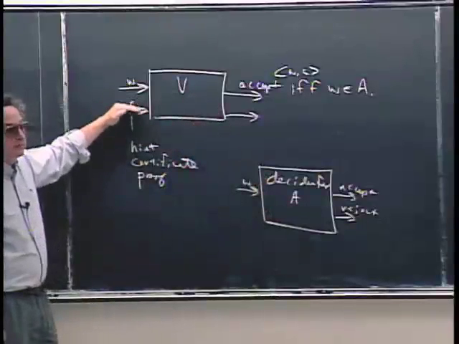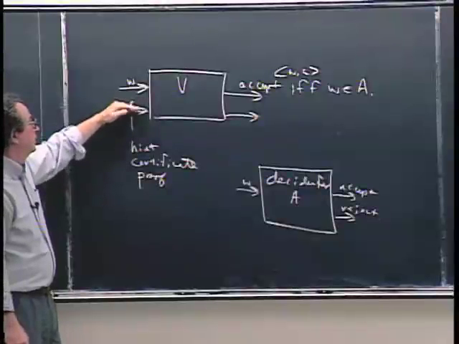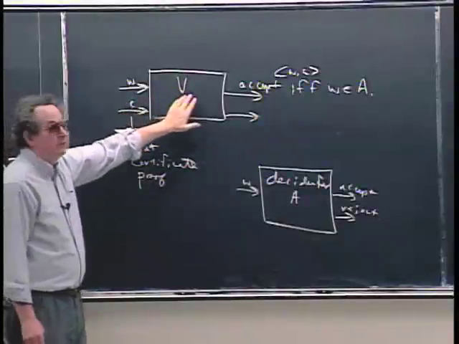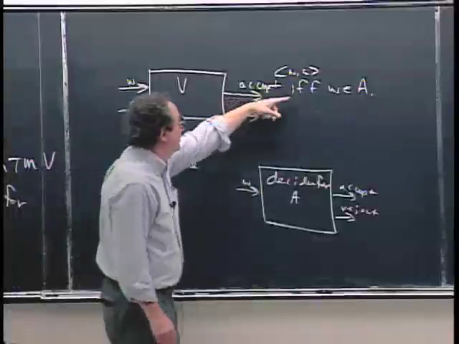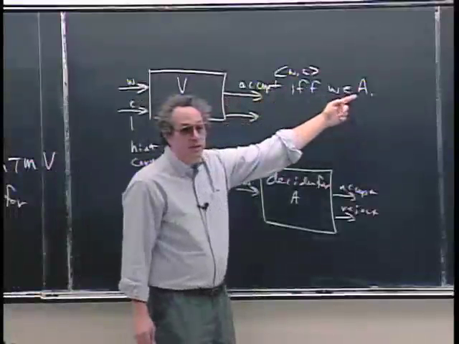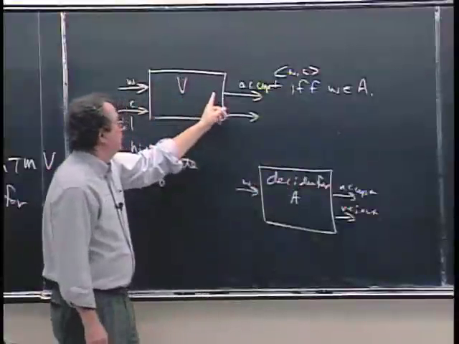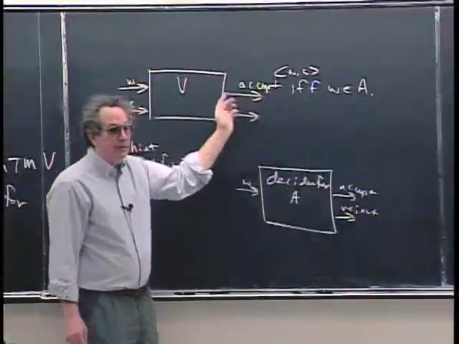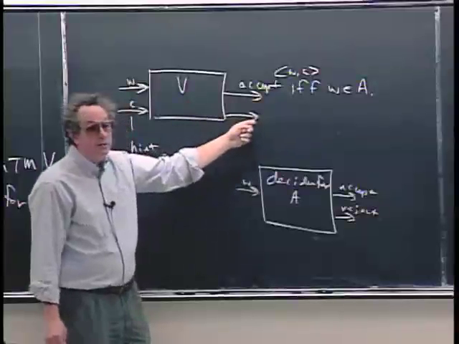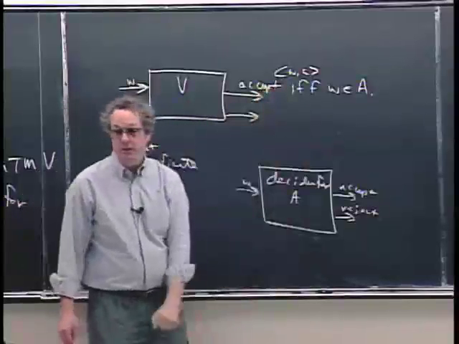It gets this extra piece of information which can help V accept if and only if W is in A. Okay? And it's even weaker than that because we only have this condition on accept. We don't actually even require that it rejects when W is not in A.